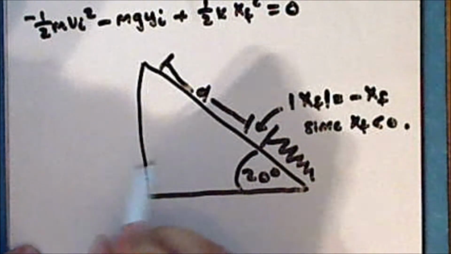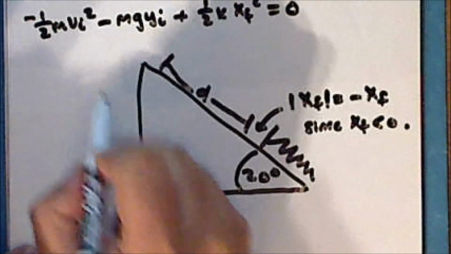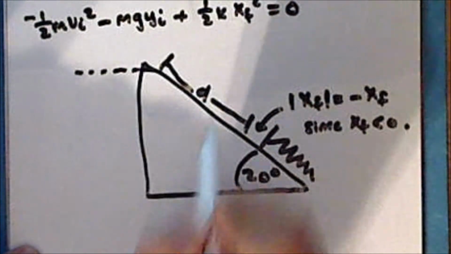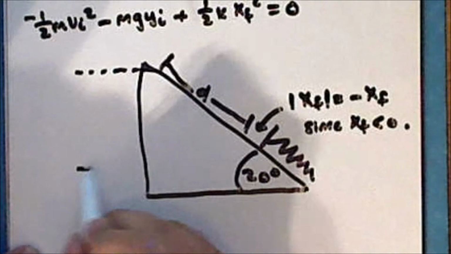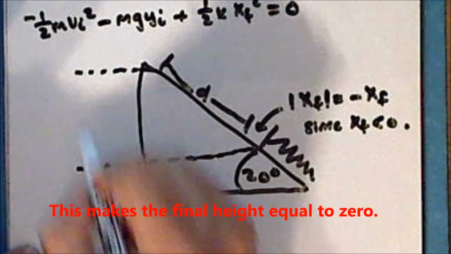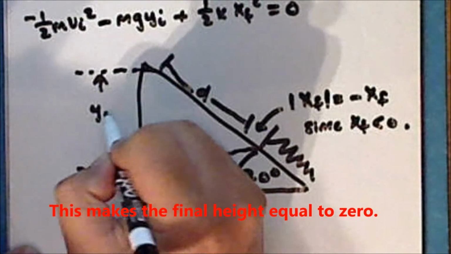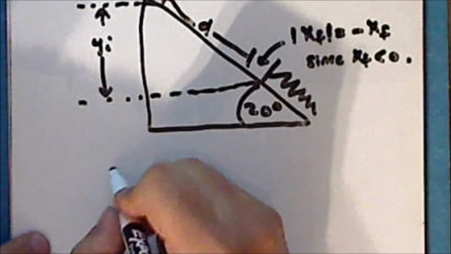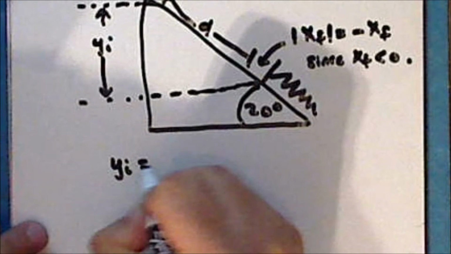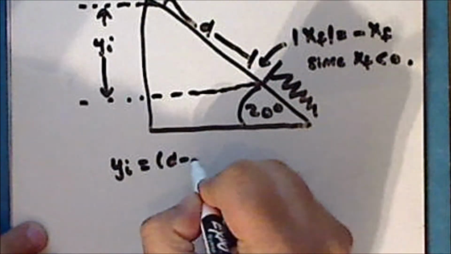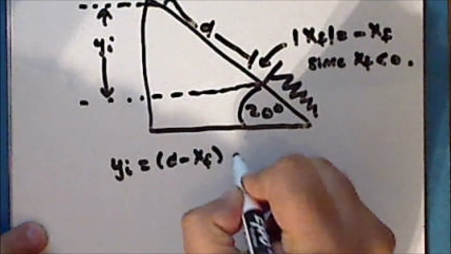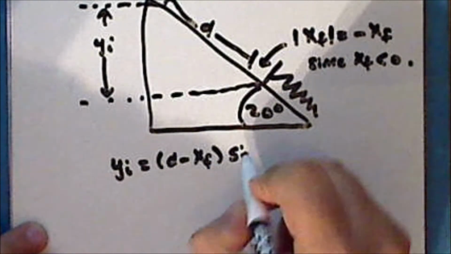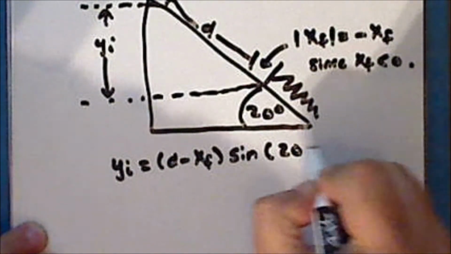And so our initial height is the vertical distance between its initial position and the position of the compressed spring. And so the initial height is the quantity, d minus the final position, times the sine of 20 degrees.